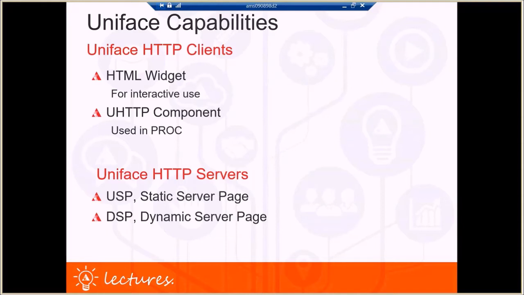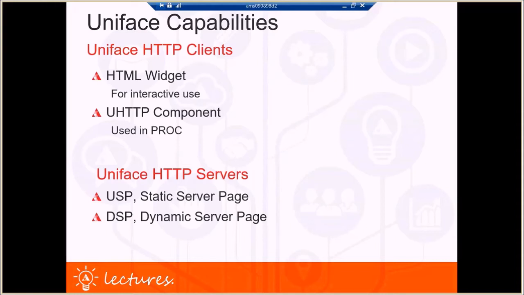On the server side, we have static server pages and dynamic server pages. The static server pages are very simple to use, and that's their attraction. It's quite easy to implement your own REST services using a static server page, a USP.